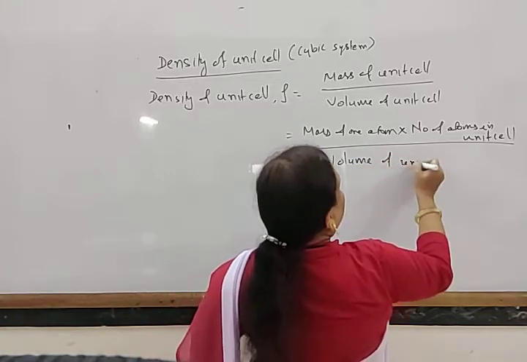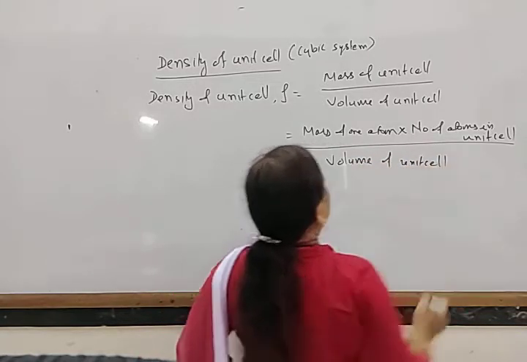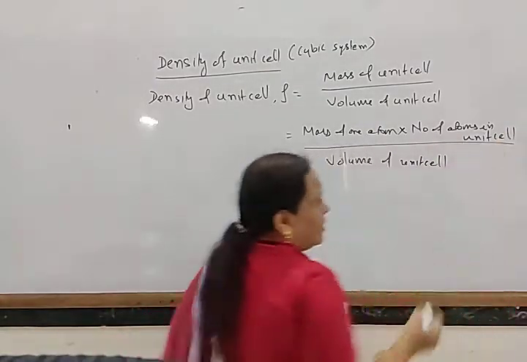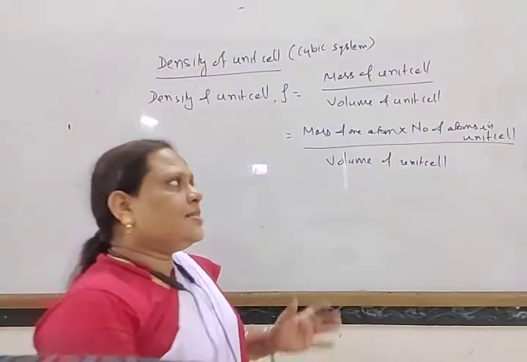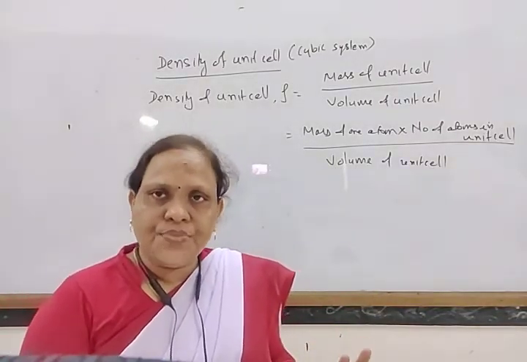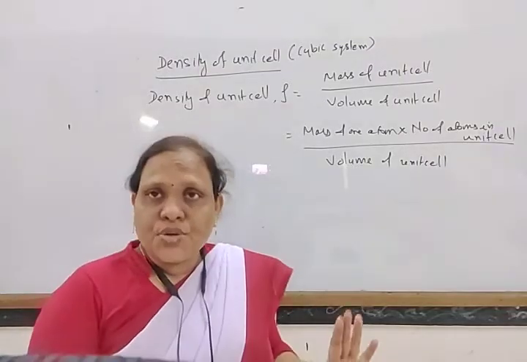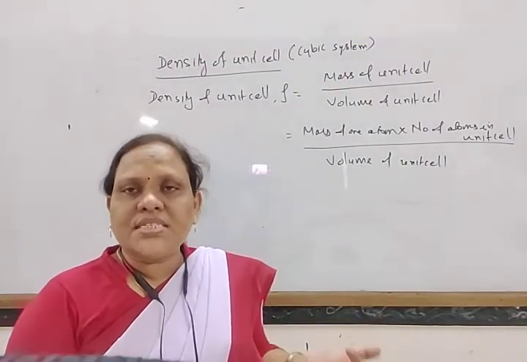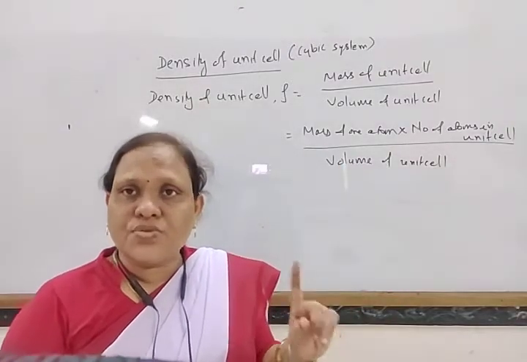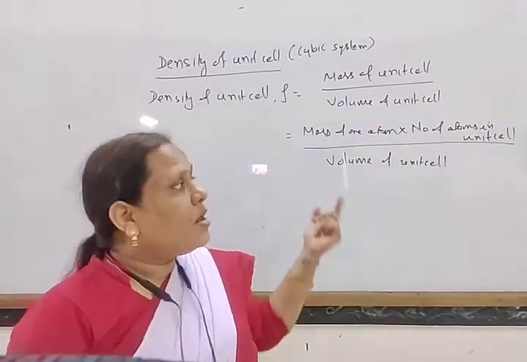Again, what is the number of atoms in unit cell? We have found that in simple cubic the number of atoms per unit cell is 1, for body centered cubic it is 2, and for face centered it is 4. So this is different for each. Suppose this is represented by the letter Z, and mass of one atom is m. Then density equals Z m by volume of unit cell.